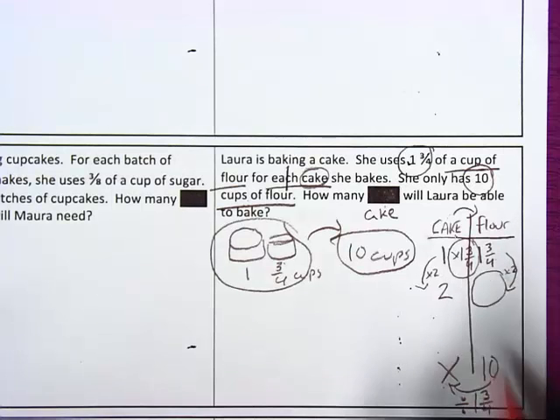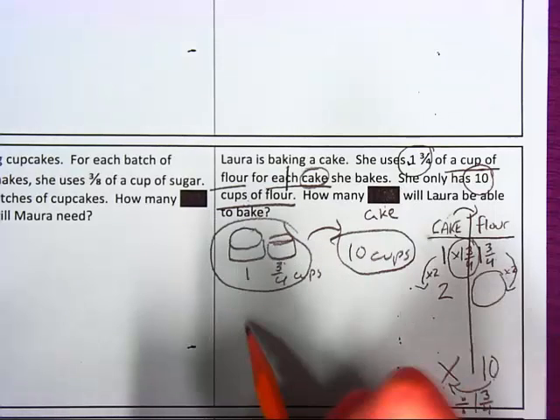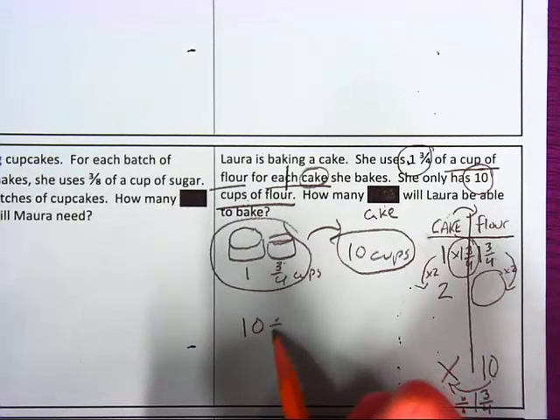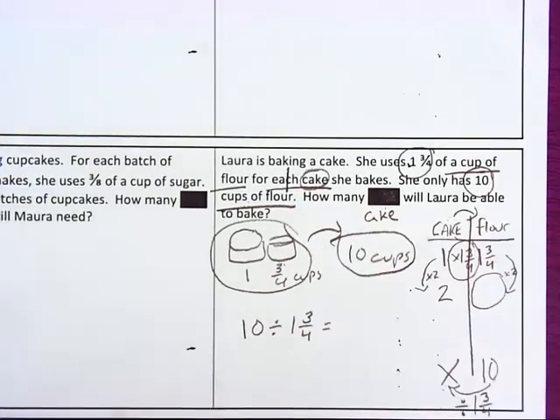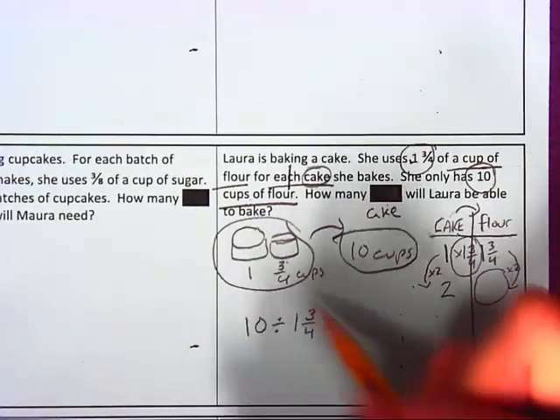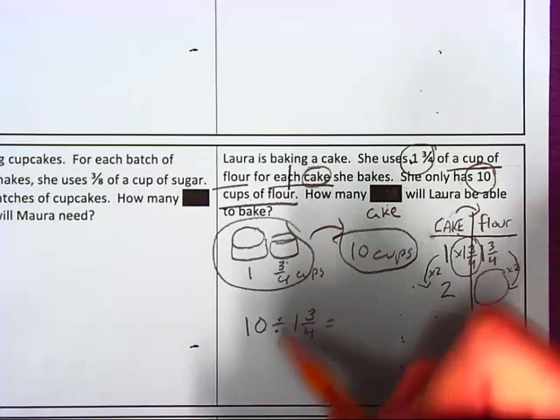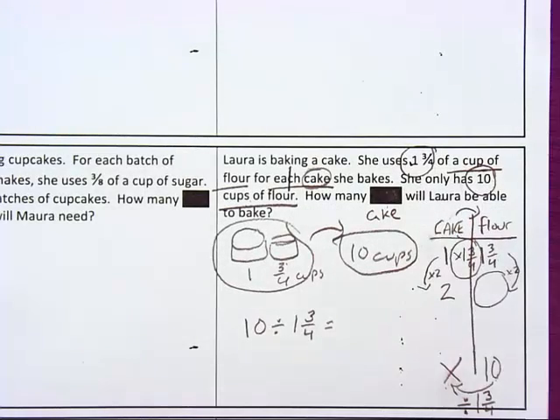And this is super, super important that I start with the 10. Because when I divide, right, especially with fractions, the easiest way to do that is to take this 1 3/4 and instead of dividing it, we're actually going to multiply by its reciprocal.